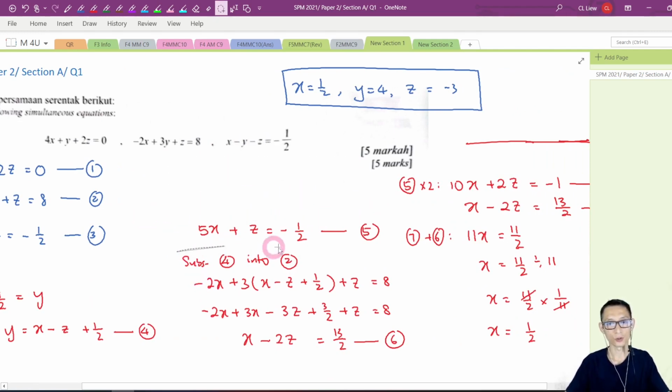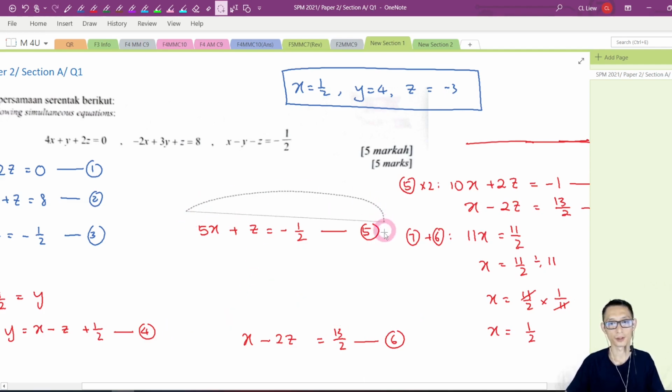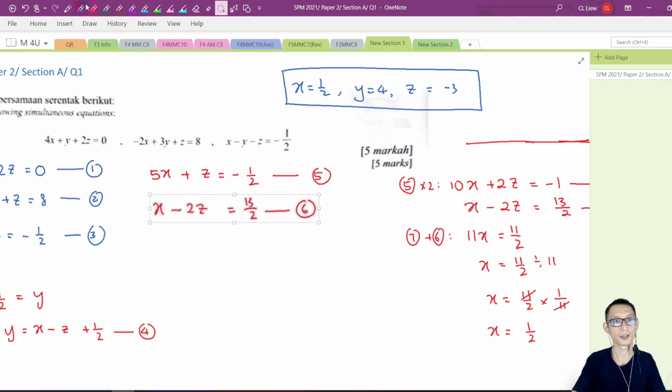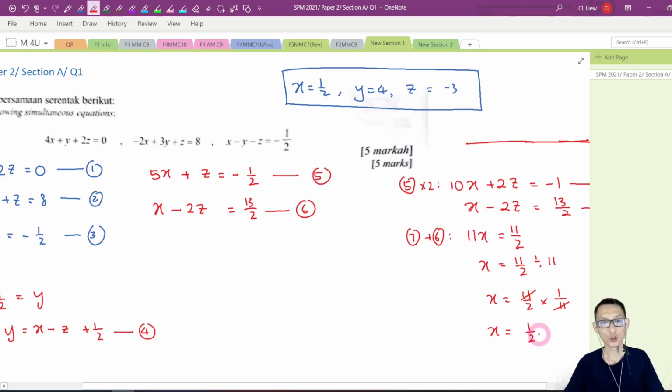This one, and also erase this one. This is number 5th equation, this is 6. Okay, now I'm going to bring this x equal to 1 over 2 into the 5th equation. Substitute x equal to 1 over 2 into the 5th equation.